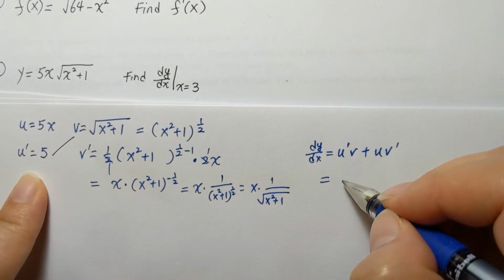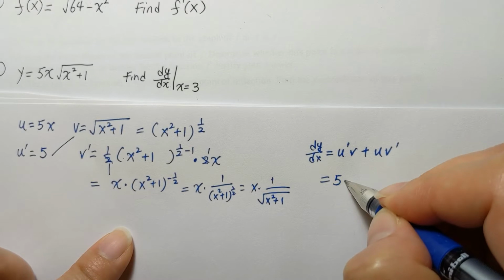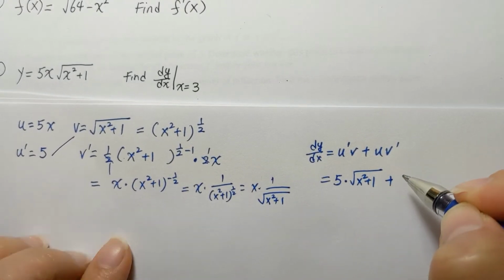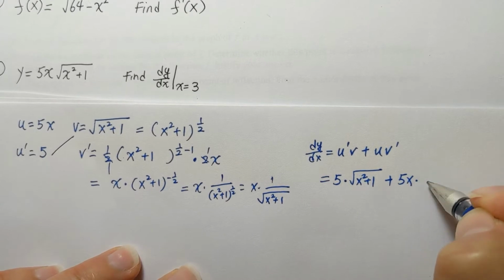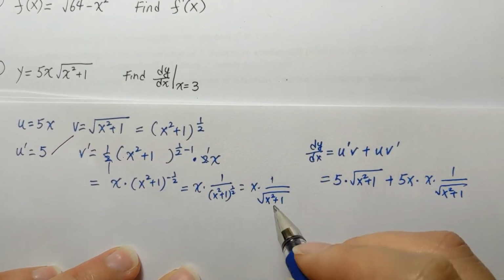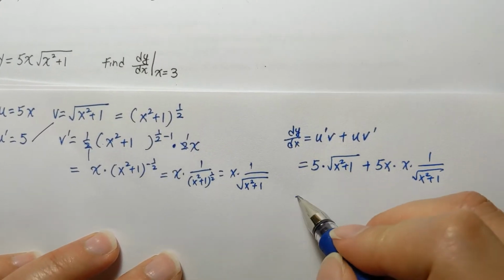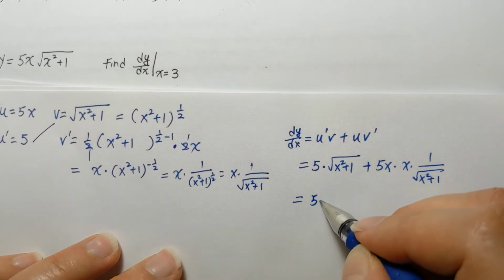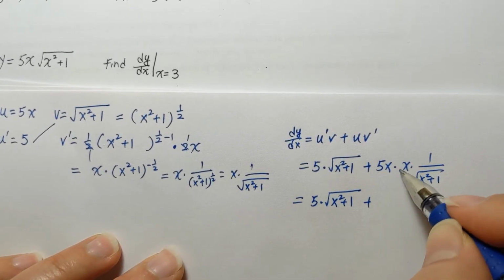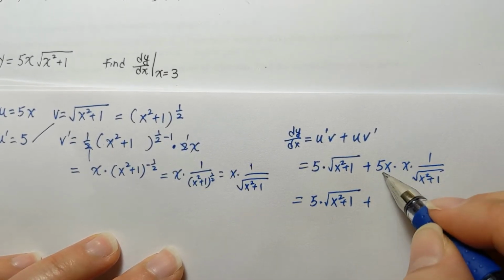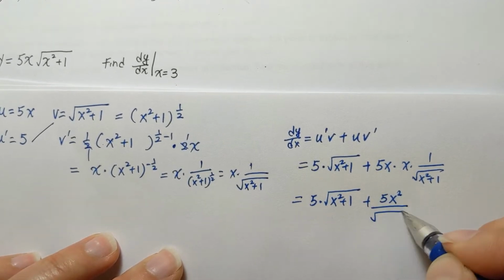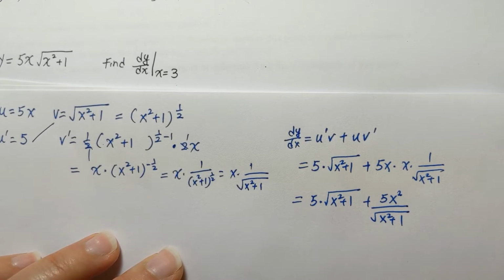We get 5 times the square root of x squared plus 1, plus 5x times x times 1 over the square root of x squared plus 1. Right here is the v prime. So now we have 5 times the square root of x squared plus 1, plus this, where everything goes to the numerator because they're all over 1. So you get 5x squared over the square root of x squared plus 1.